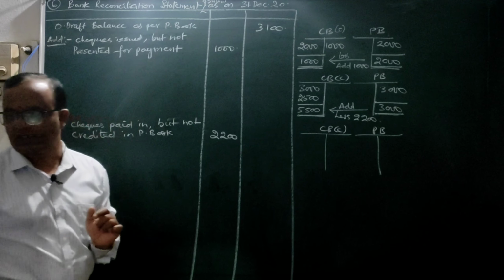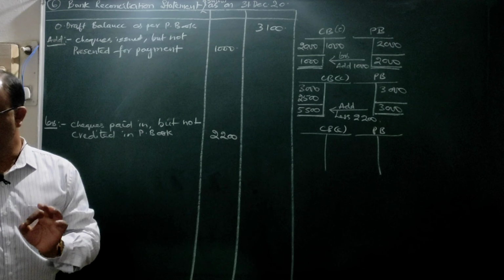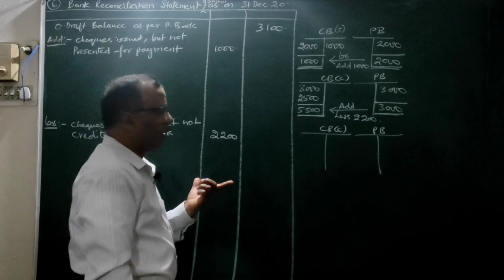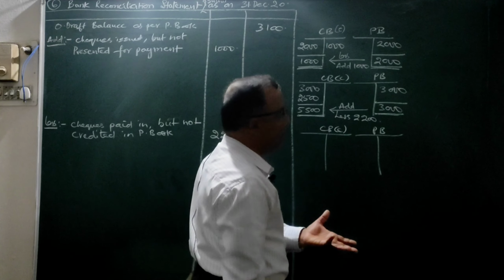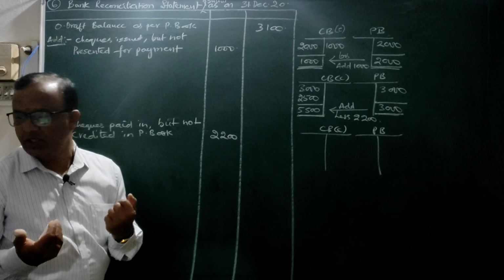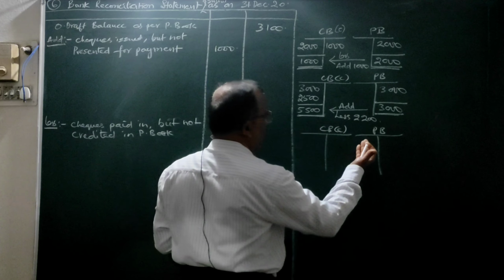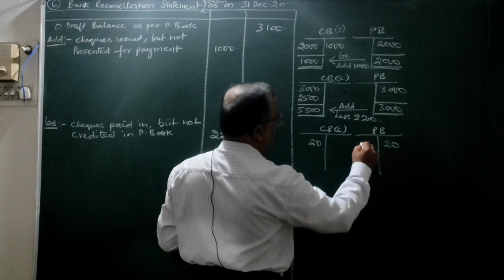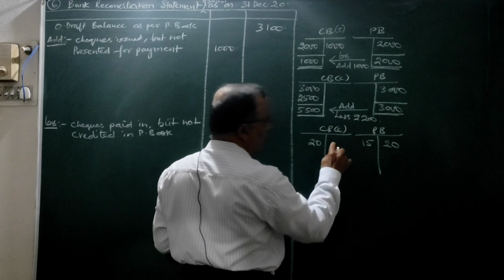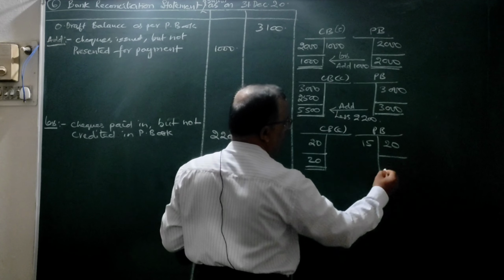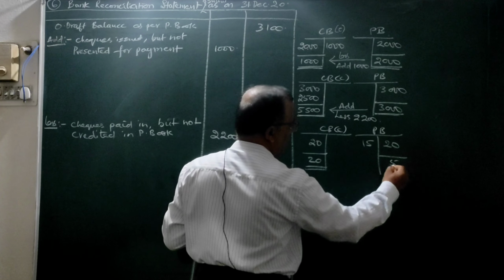For the next transaction, bank charges rupees 15 he says. Bank charges are the charges which are charged by the banker, so they will be recorded in the passbook. Let's take a minimum balance of some 20 rupees. 15 rupees are debited in the passbook, which are not recorded in the cash book. So cash book remains at 20 rupees, whereas passbook will show 20 minus 15, 5 rupees.